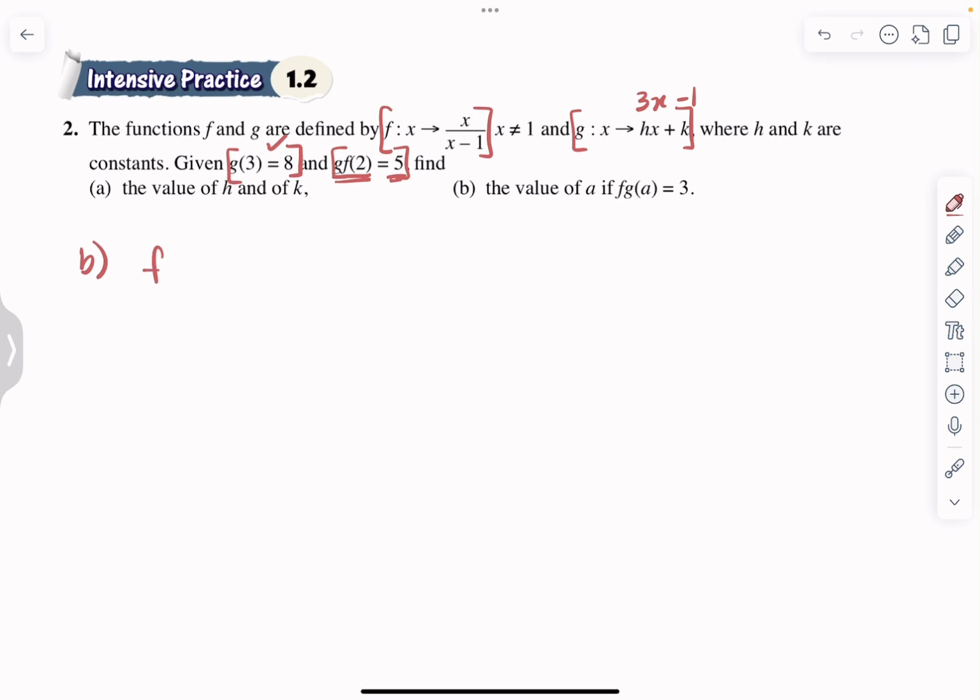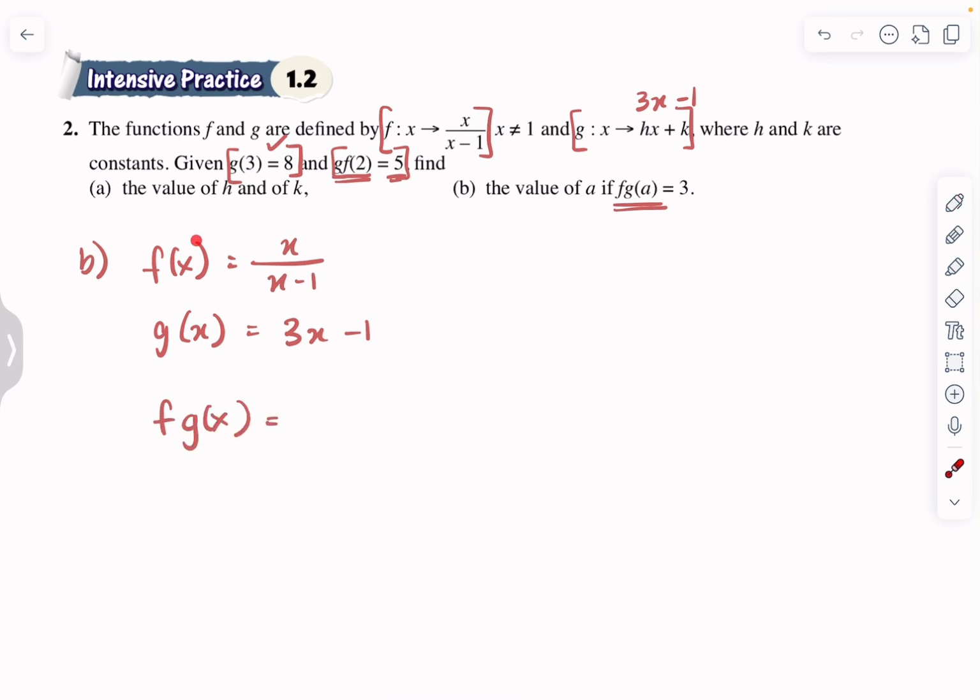Okay, so f(x) is x over x minus 1 and g(x) is now 3x minus 1. We first need to find fg(x). Then only we can find fg(a).